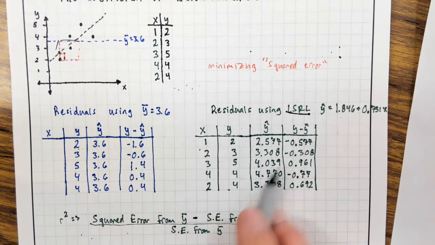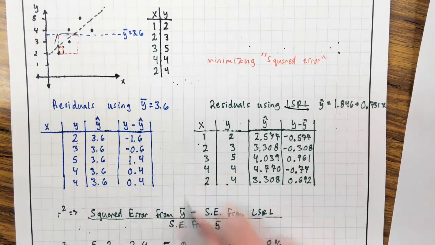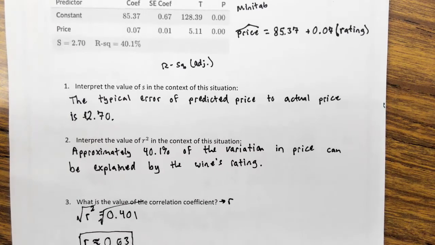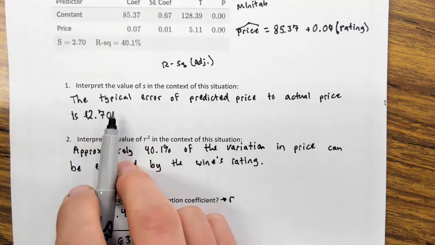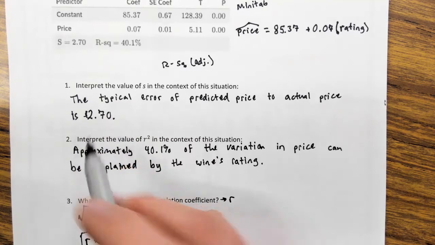That's all. For this example problem, the average distance from our predicted price to the actual price was $2.70. But you could say with pretty decent confidence that our prediction was going to be within $2.70 of the actual price.